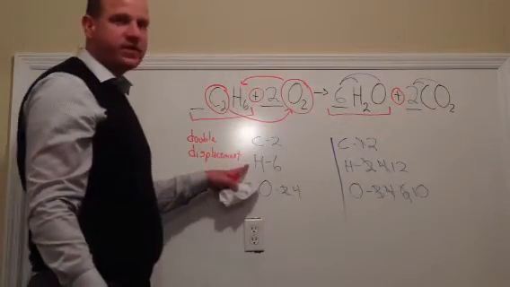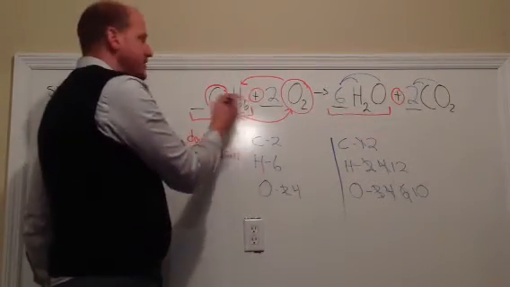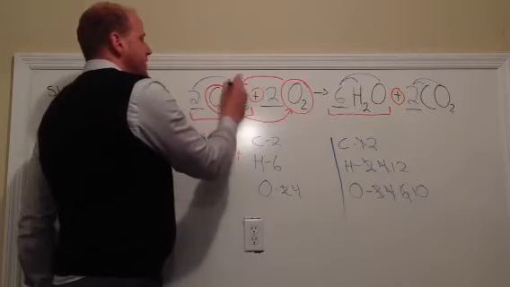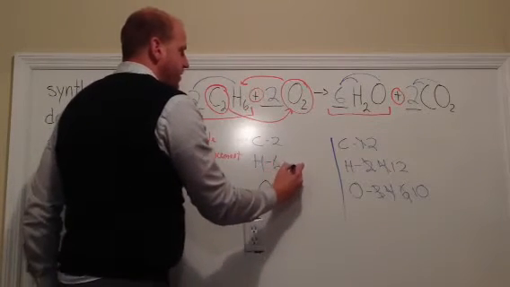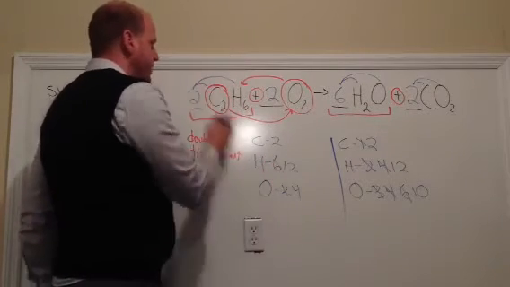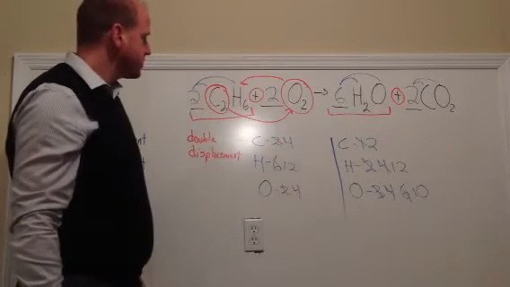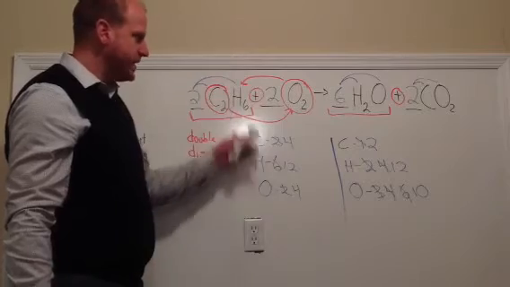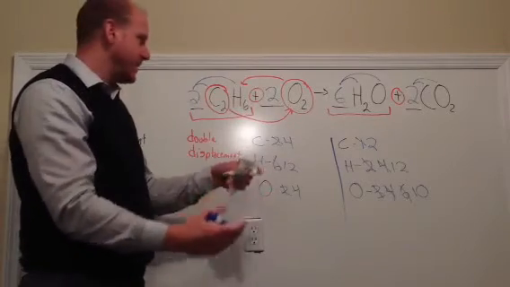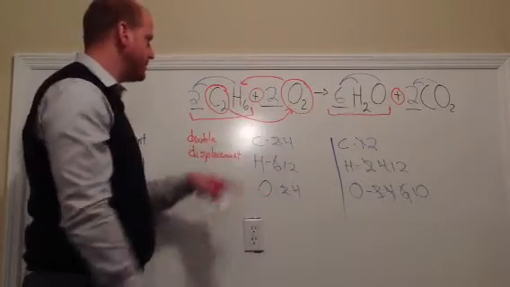Okay, so now I go to this hydrogen over here. I have to multiply this by 2 to give me the 12 hydrogen, but it also changes my carbon from 2 to 4. So once again, I noticed how everything's coming out of balance. I'm just going to go back up to my carbon.